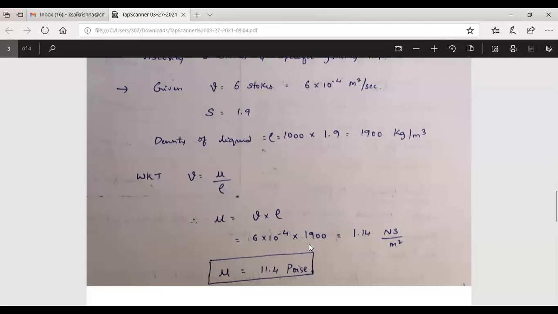Have you copied this? Okay. We have one more problem. Before that, I will ask some students. They have to answer it.